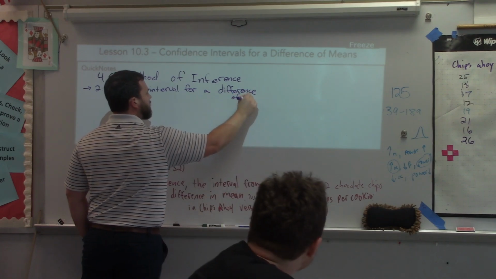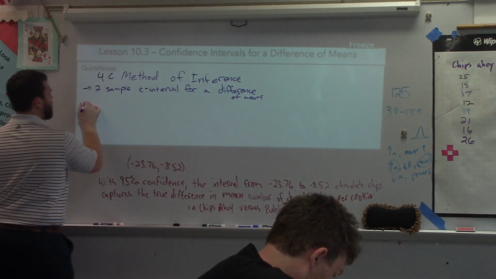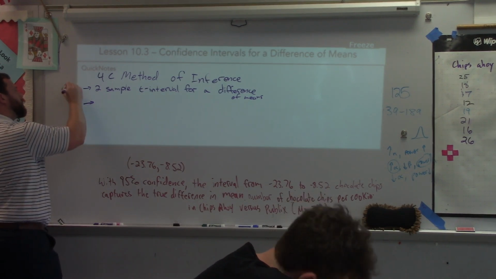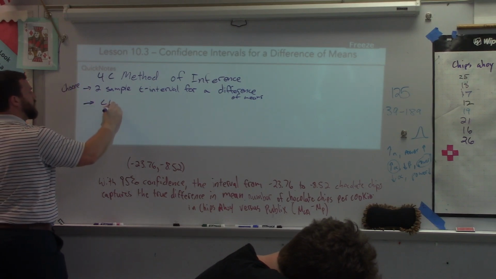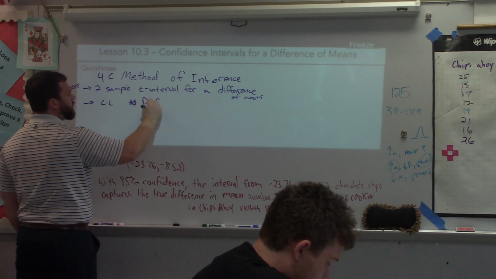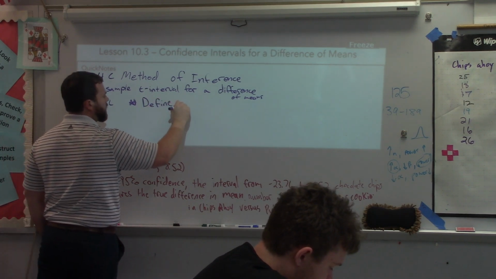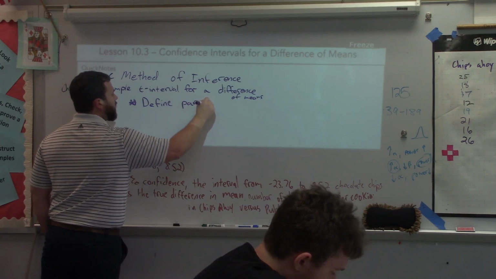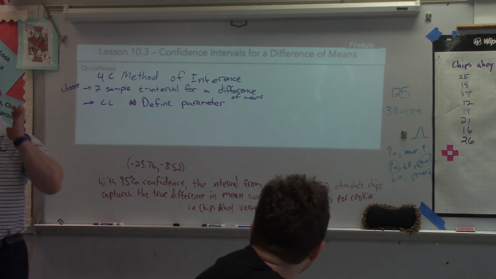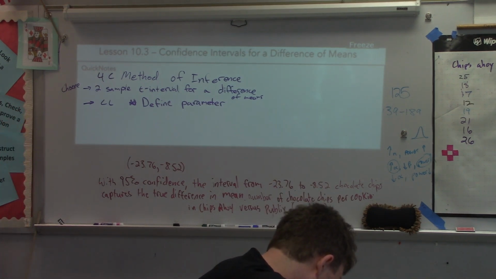So we got to keep that in mind. Second, within the choose, got to have your confidence level, and do not forget to do what with your parameters? Define it. Define the parameters. If you're going to say that it's a difference of means, you better write out mu sub 1 minus mu sub 2 and define what mu sub 1 and mu sub 2 are.